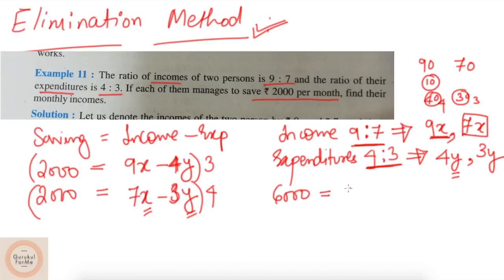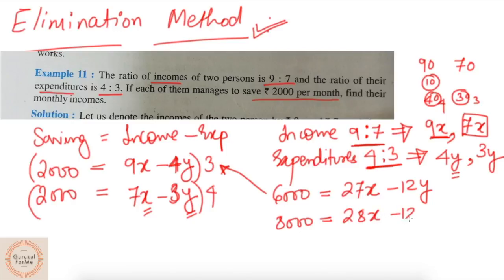Will it look like this? 6000 is equal to 27x minus 12y. And this one, will this look like 8000 is equal to 28x minus 12y? Now what have I done? I thought it's easier to eliminate y. What does elimination mean?